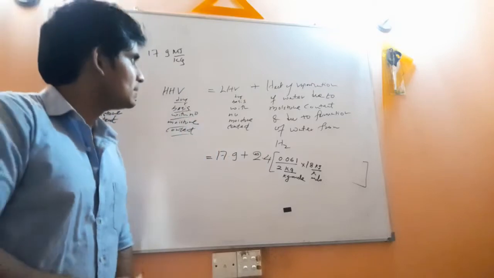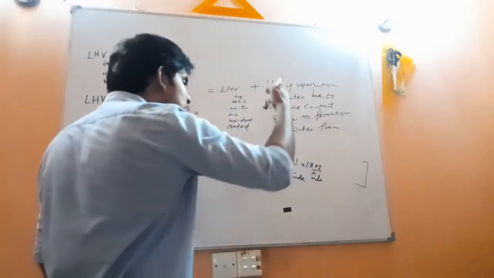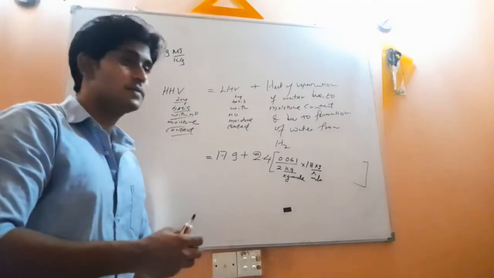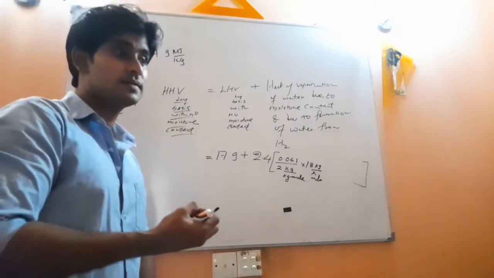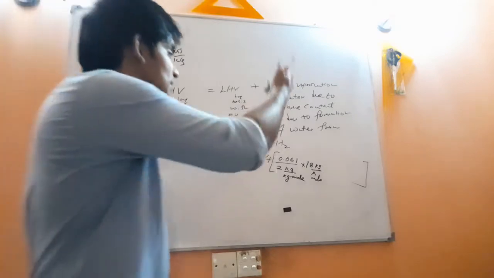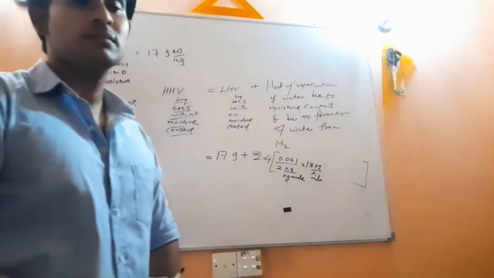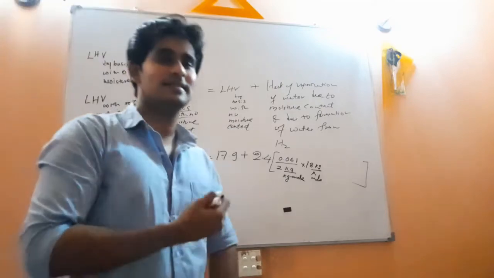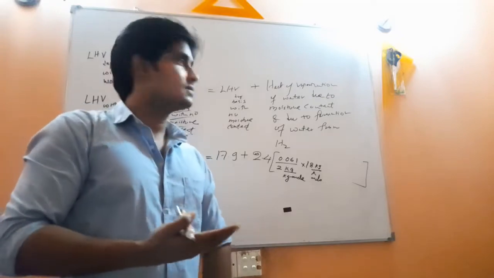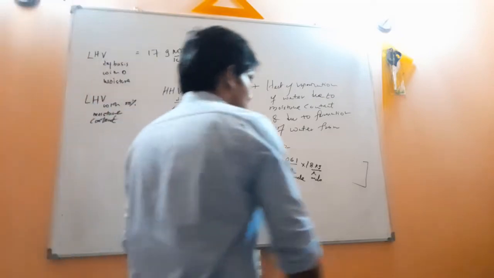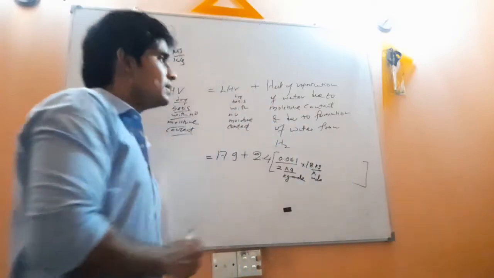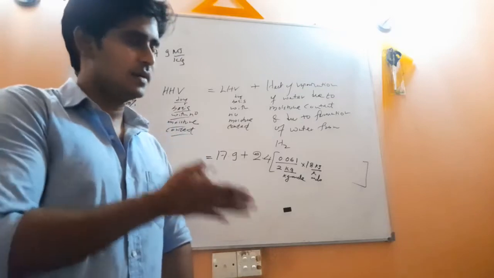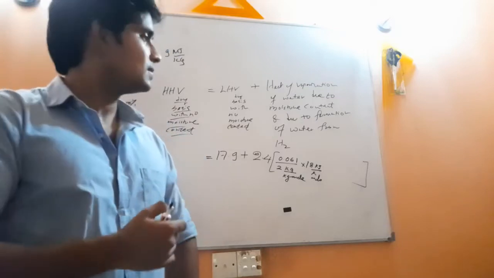So the heat of vaporization in this scenario is only because of formation of water from hydrogen, since initially this doesn't contain moisture. You don't have to waste your burning heat to vaporize water, so you only have to worry about the heat of vaporization due to formation of water with the hydrogen percentage of the fuel.